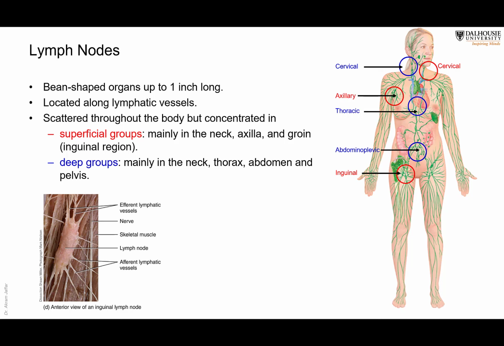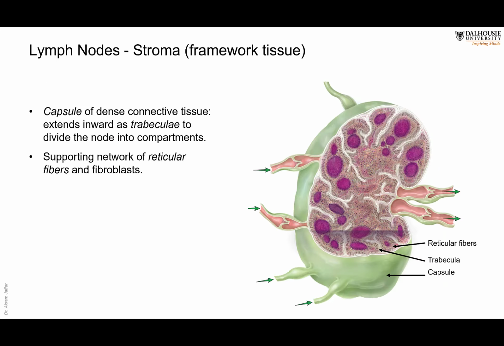So for example, you have lymph nodes in the abdomen and pelvis. You cannot palpate them. There are lymph nodes in the thorax. Even in the cervical region, there are deep group of cervical lymph nodes. But nevertheless, there is a superficial group of cervical lymph nodes which you can feel. The axillary lymph nodes you can feel. The lymph nodes in the groin, in the femoral triangle, around the femoral artery and the femoral vein, again you can feel these lymph nodes, and that's how a clinical examination is done.